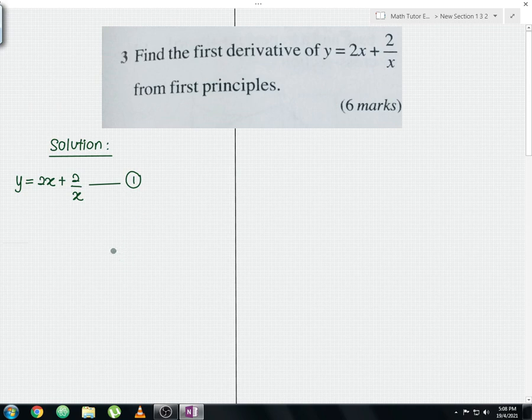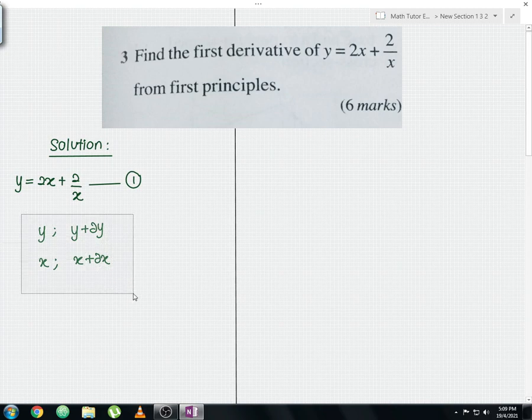As for the second step, from y, we're going to write in terms of y plus delta y. As for the x, we're going to write in the form of x plus delta x. Delta y represents small changes in y, delta x represents small changes in x.